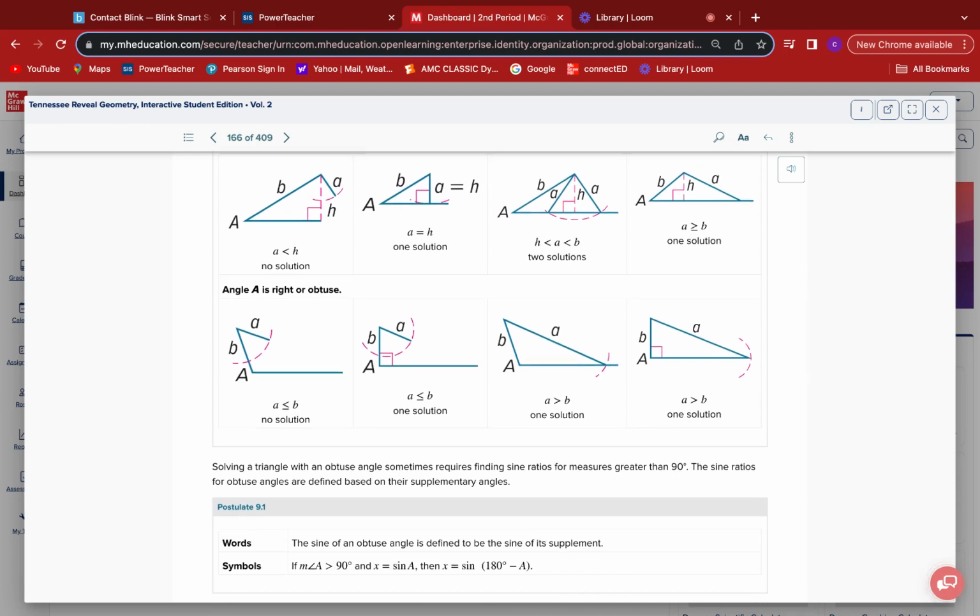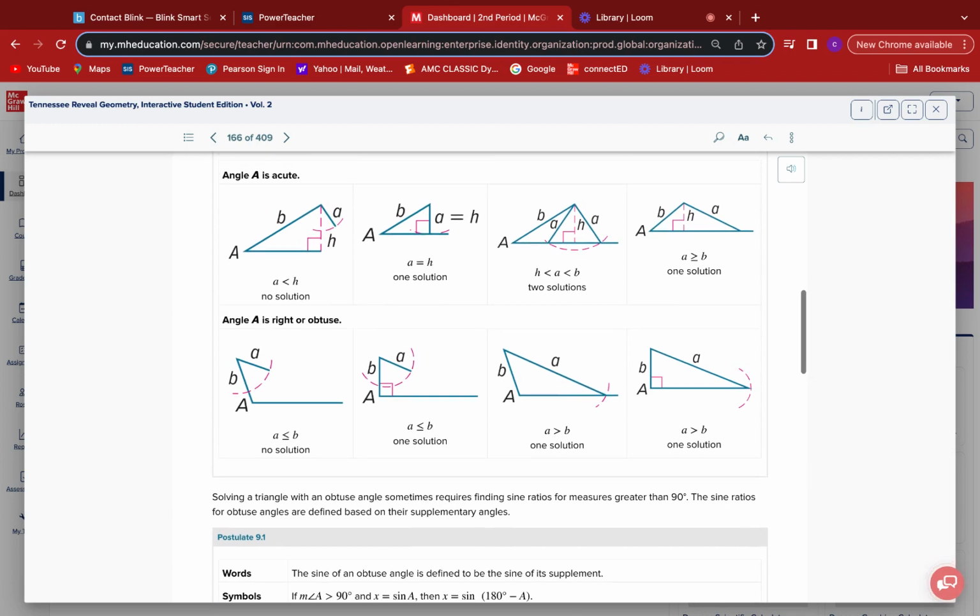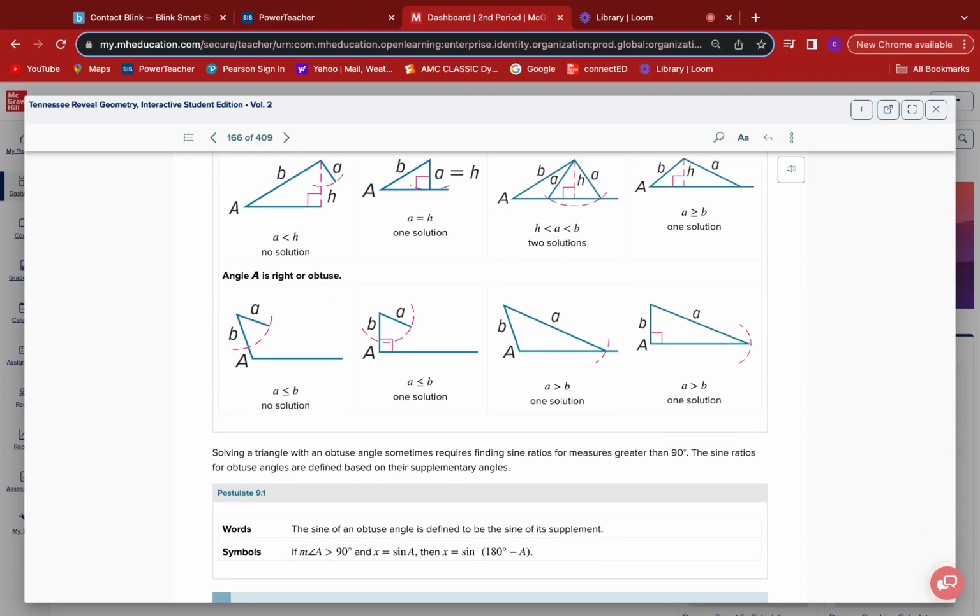On the ACT, they're not going to give us a no solution on the law of sines. They're just going to give us a problem where you got to use the law of sines. So, knowing that, I have never taught this at all. I've never seen it before. I've never taught it before. So I had to go through and figure out what it was even saying.